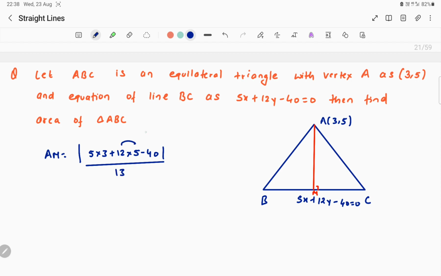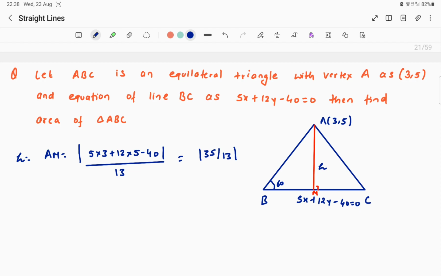So 12 times 5 is 60, 60 minus 40 will give you 20, plus 15 will give you 35. So we got the distance as 35 by 13. It is an equilateral triangle, isn't it? So we know that this angle is 60 degrees. And let's call this thing H. So you got H equal to 35 by 13.